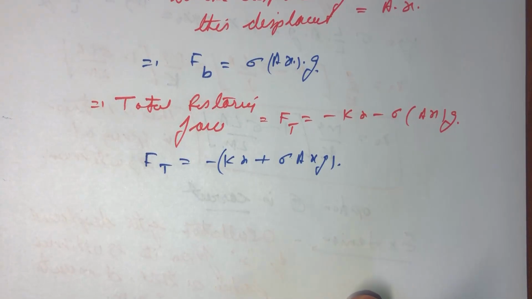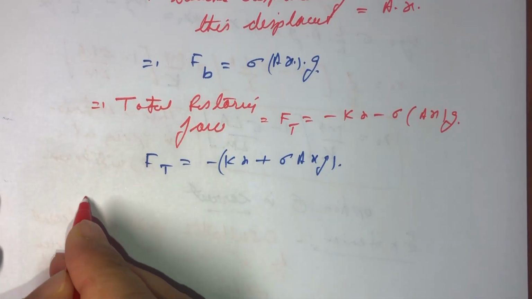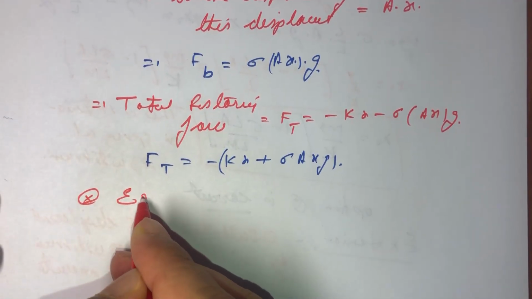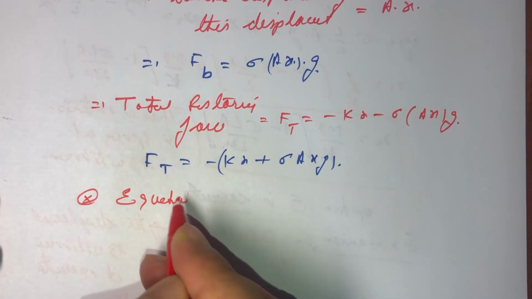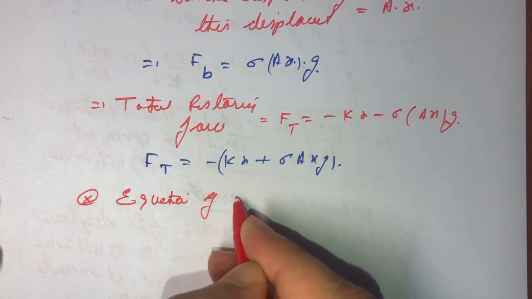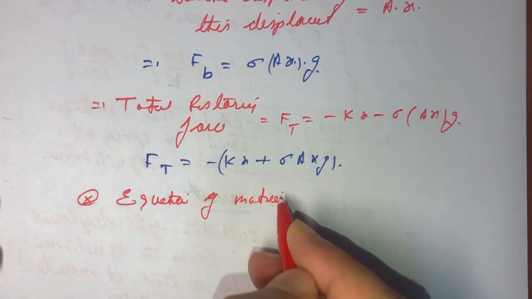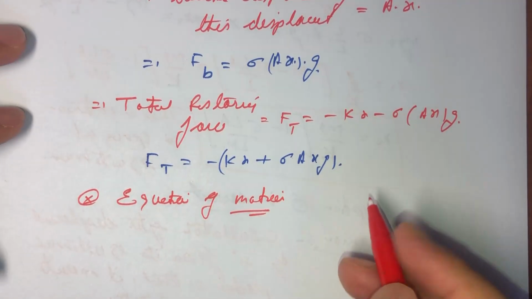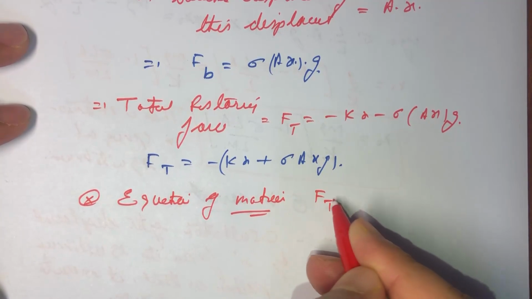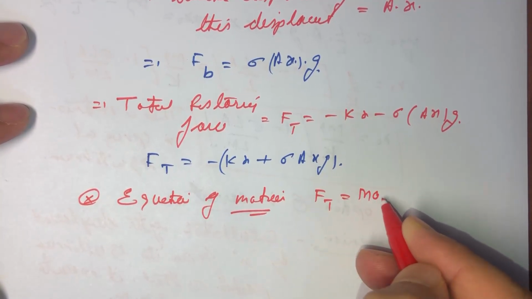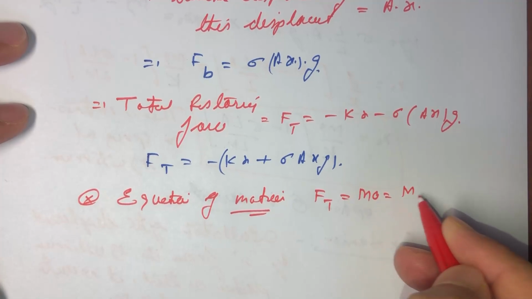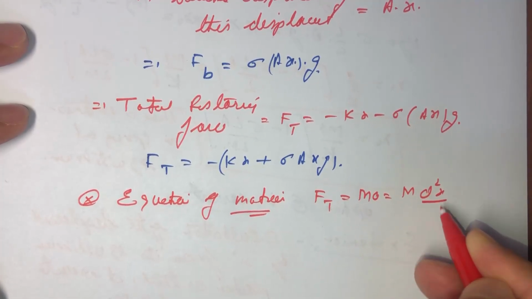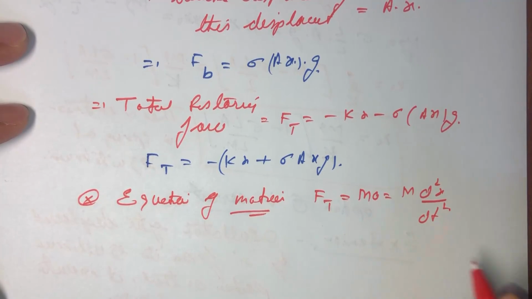So we can use the equation of motion, which means that our Ft will be equal to mass into acceleration, and that will become mass into the double derivative of displacement with respect to time t.